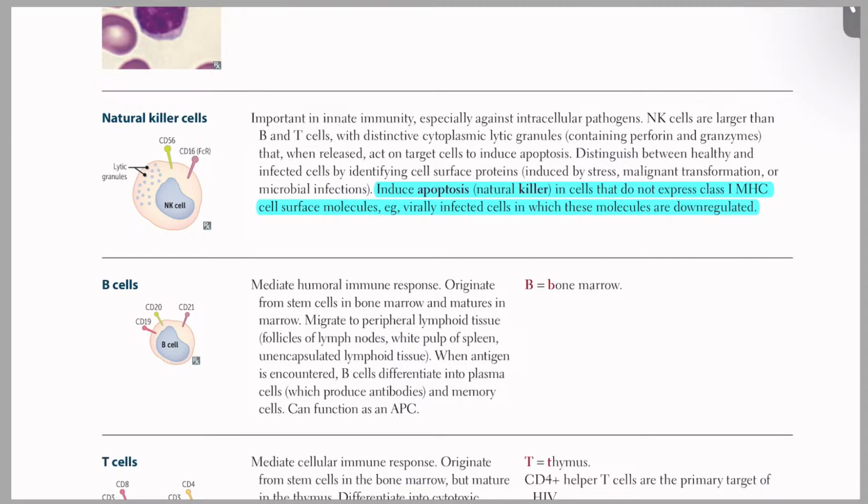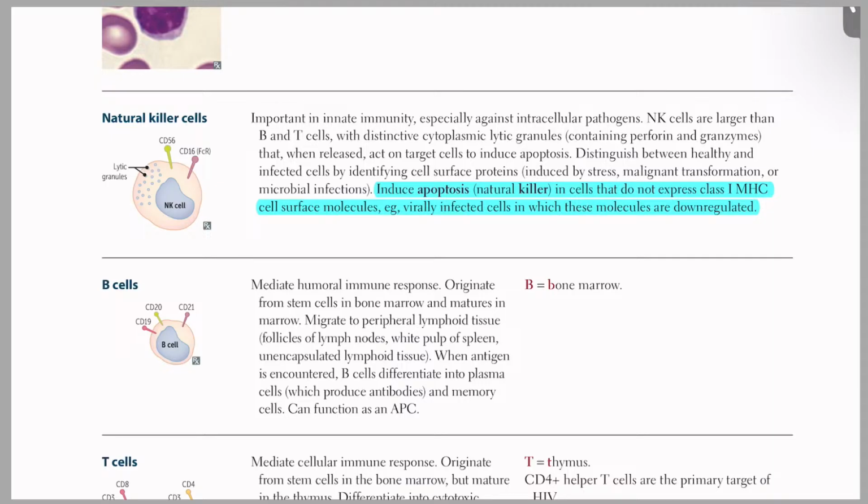Distinguish between healthy and infected cells by identifying cell surface proteins induced by stress, malignant transformation, or microbial infections.